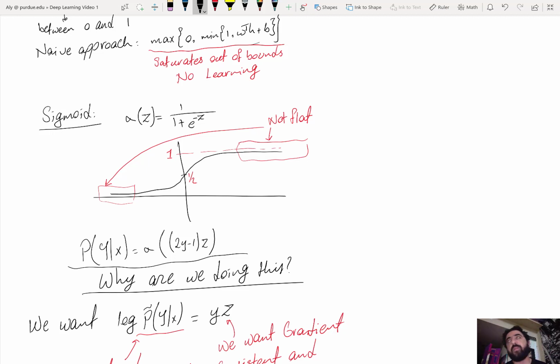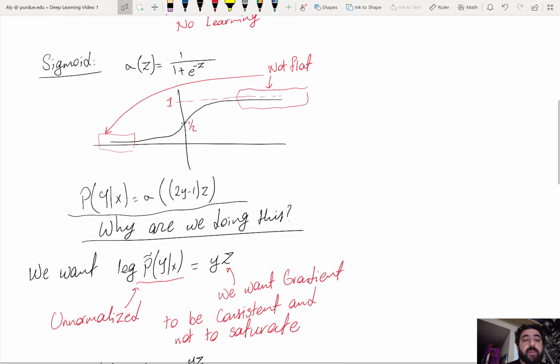If z is a large positive value, then e to the minus z goes to 0, and sigma of z becomes 1. So it's between 0 and 1, but it's a continuous function. It's not flat even for large positive values of z, and not flat even for large negative values of z.